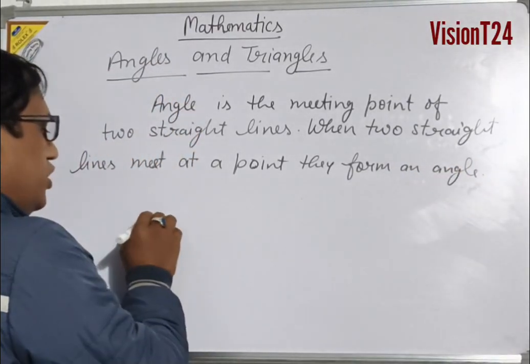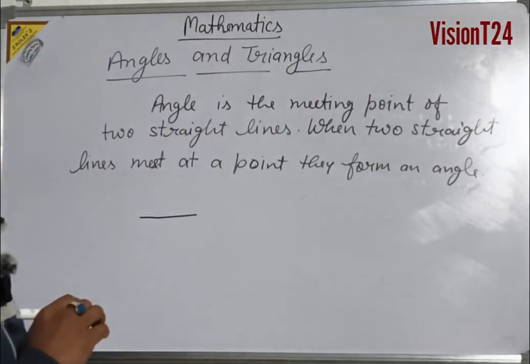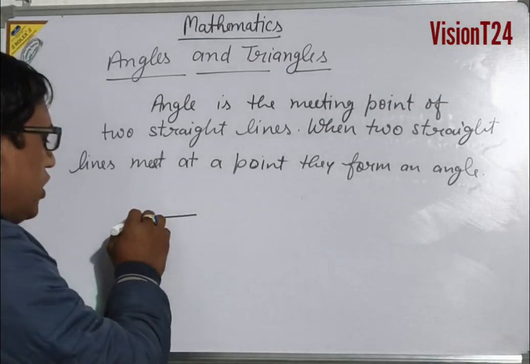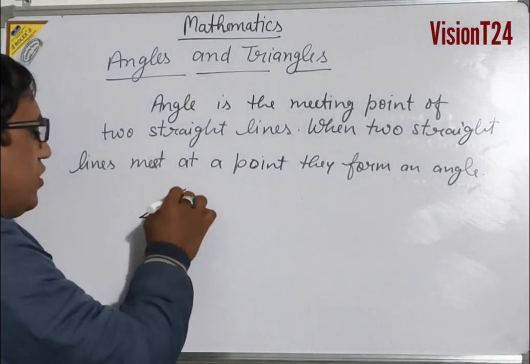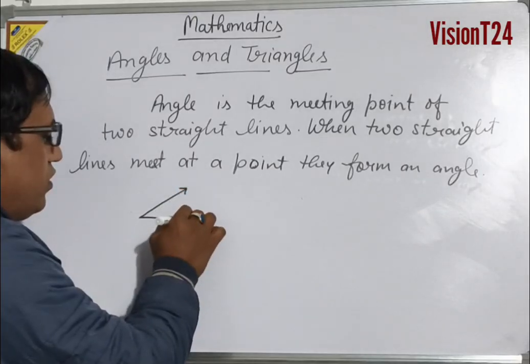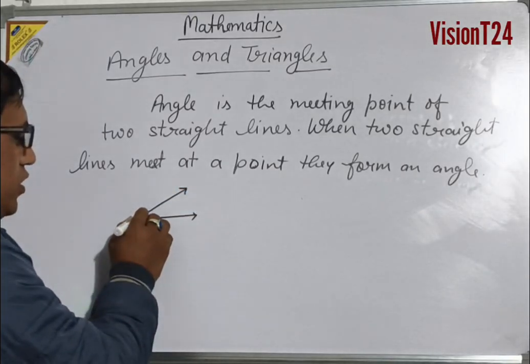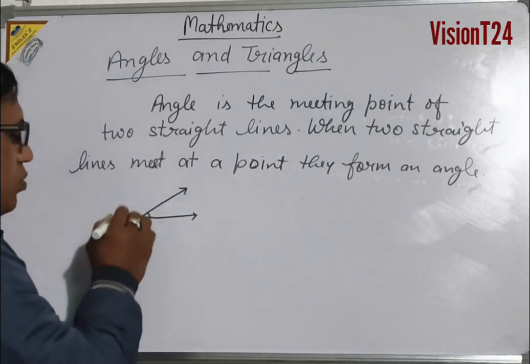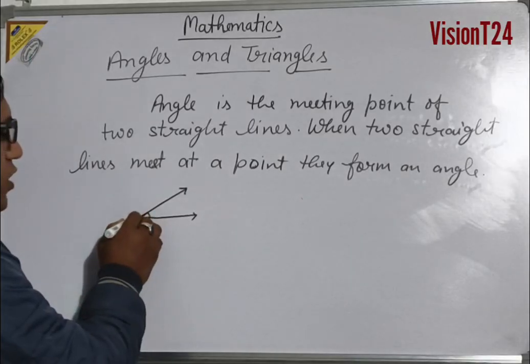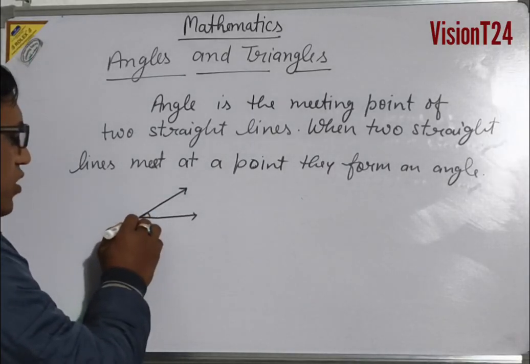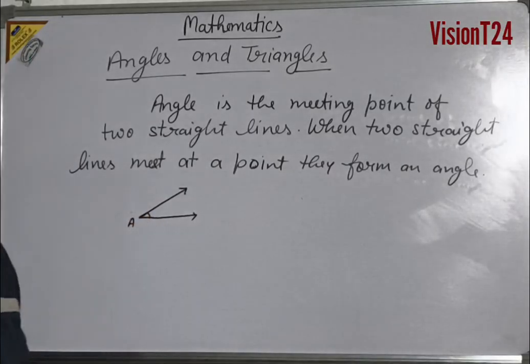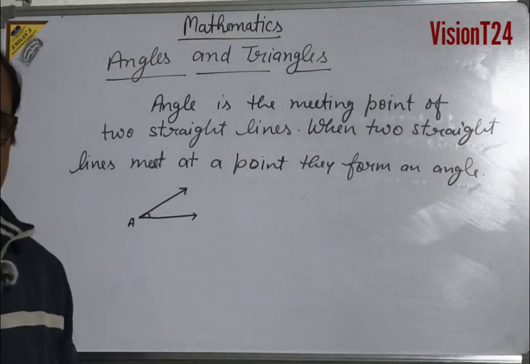Suppose this is one straight line, right? And this is the another straight line. So whenever they meet at this point, suppose this is point A, at point A they form an angle, right?